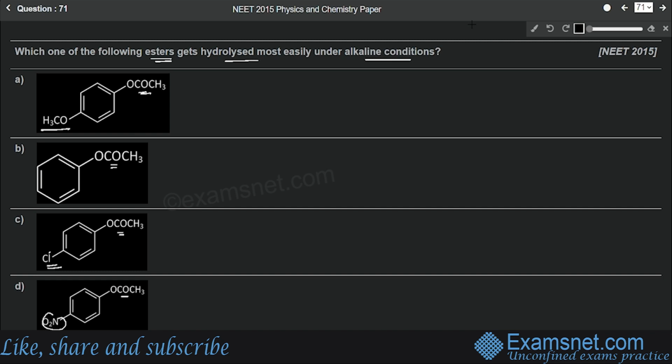So, we have to find out which one of the given esters will get hydrolyzed most easily under alkaline condition. That means the attack of OH minus will be easiest in which one of them. Okay, so you can see that out of the substituents that are attached to the benzene ring, NO2 group is most electron withdrawing in nature. Okay, it is electron withdrawing in nature.